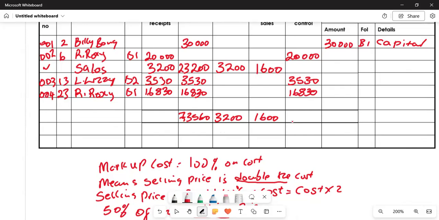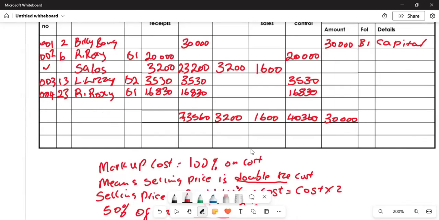Under debtors control, we are going to have 40,360. But under sundry accounts, we have the amount of capital, which is 30,000. So that is all about our cash receipts.